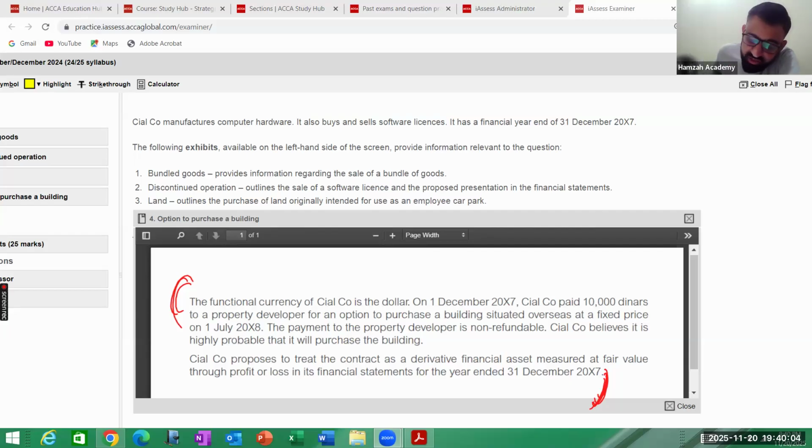Can anyone identify? Yes, Matlesh. IAS 21 and IFRS 9, both. IAS 21 and IFRS 9.